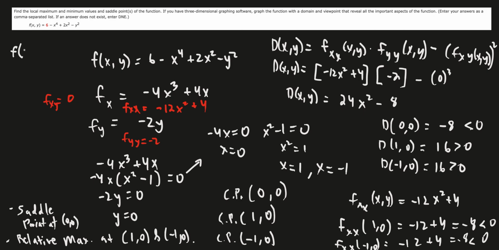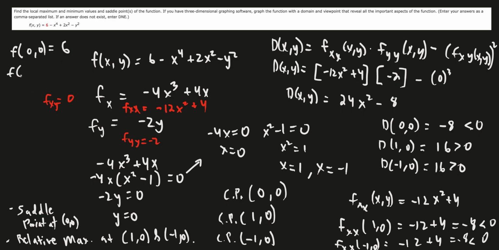Well, we can substitute 0, 0 into our function, so everything is 0 and we just get 6. That function value is where we have our saddle point.